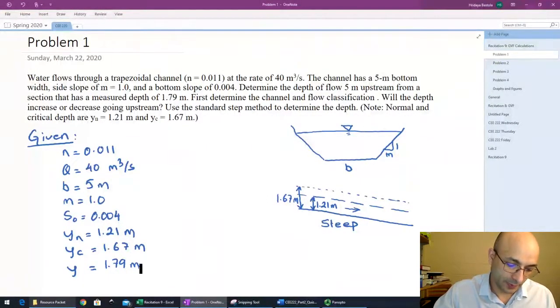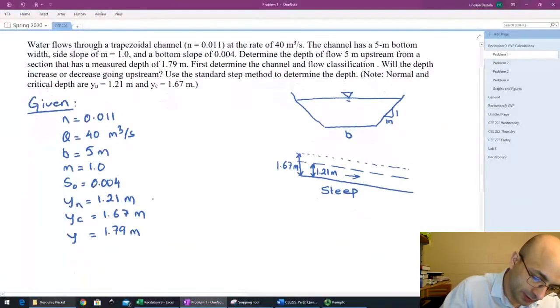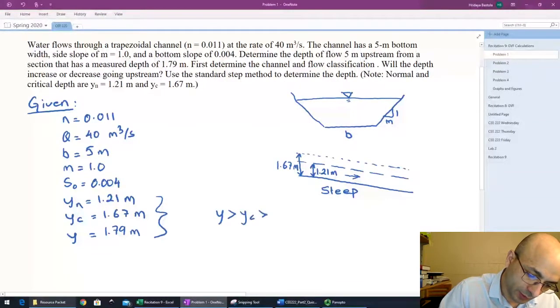So using the relationship between y and y critical and y normal, we should be able to determine what the curve type is going to be. So in this case, y is greater than y critical and y critical is greater than y normal.